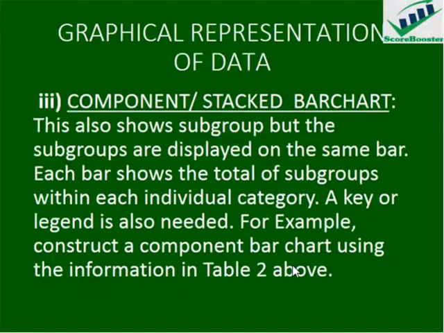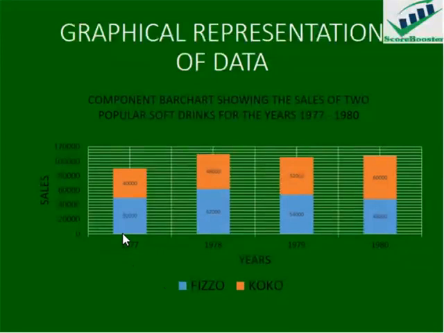So now we use the table below, that is the table for Fizzo and Cocoa, to also construct a component bar chart. So here you can see in the year 1977, we already know the total is 90,000. Here we first calculate the value of each line. We count in 20,000s.